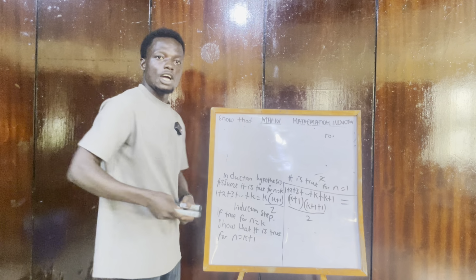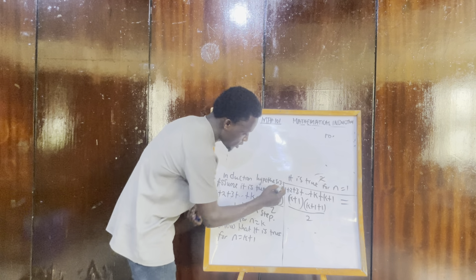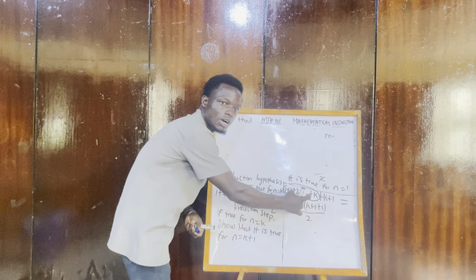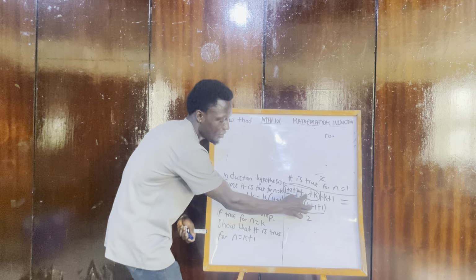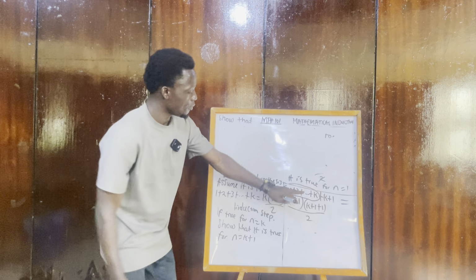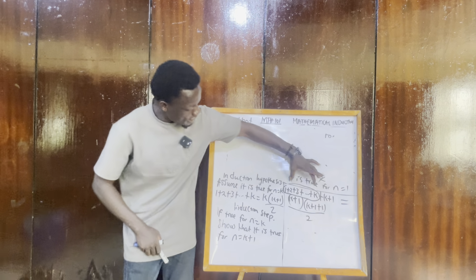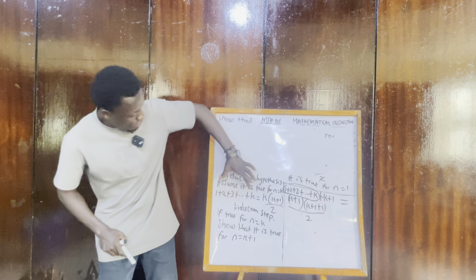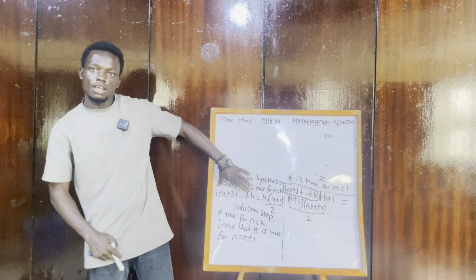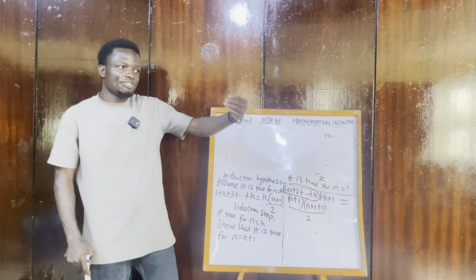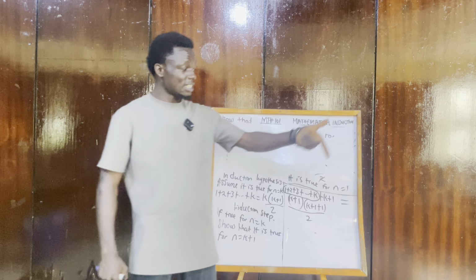So now let's solve this. You can see that for this one, it needs a replacement, because if you don't replace this, there's no way you can solve this, because we have multiple terms, multiple numbers in between. But there's no problem with that. You can see that what we have here is equal to this. Because for us to have the summation of the first k plus 1 terms, we need to write the summation of the first k terms first.